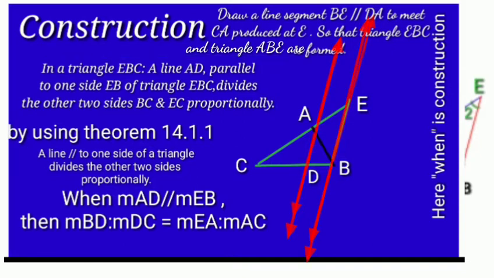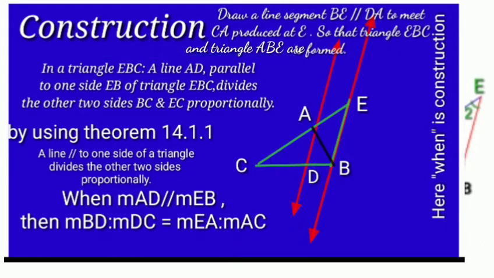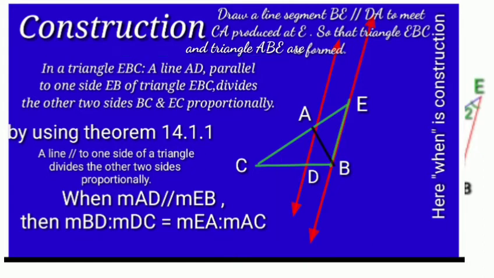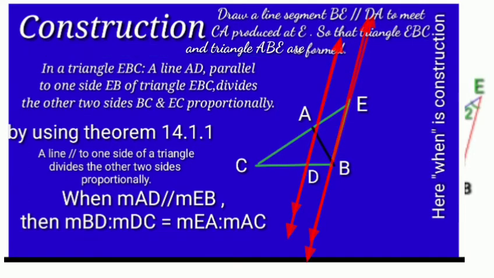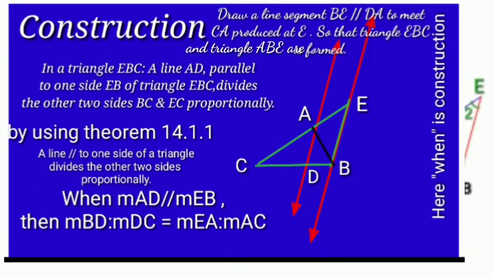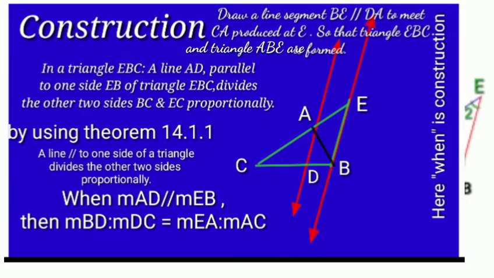In the triangle EBC, when measure AD is parallel to measure EB, then measure BD ratio measure DC is equal to measure EA ratio measure AC, where AD parallel EB is also its construction.